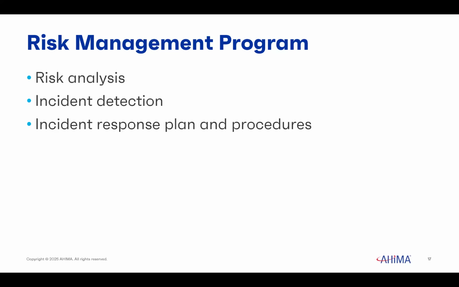If so, that's a bit of a risk, right? So we have to analyze those types of things. We need to have something in place that detects any incident, any potential logins to our system by any unauthorized access. And then we have to have an incident response plan and procedures.